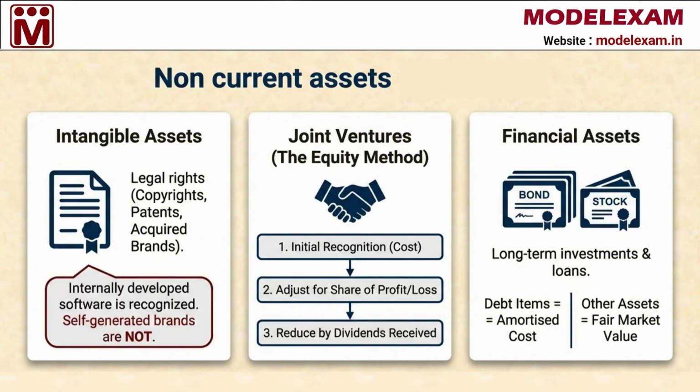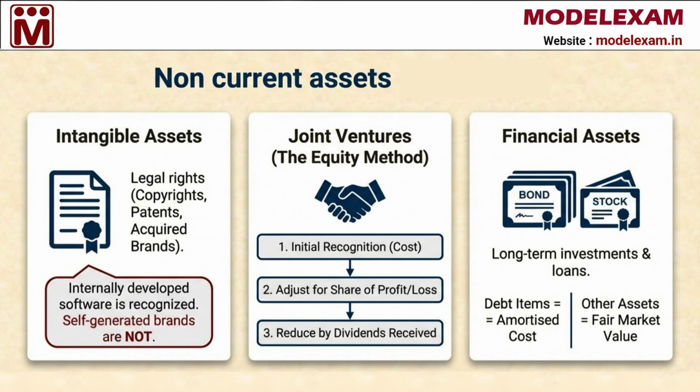Continuing with non-current assets, we have intangible assets. These are assets without physical form but represent legal rights such as copyrights, patents, and acquired brands. Remember, internally developed software can be recognized, but self-generated brands are not. Next is investment in joint ventures.